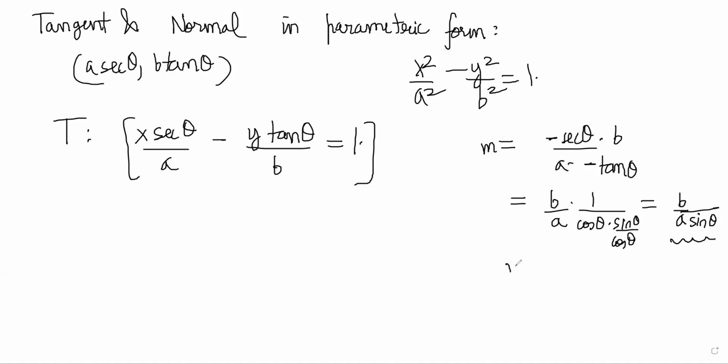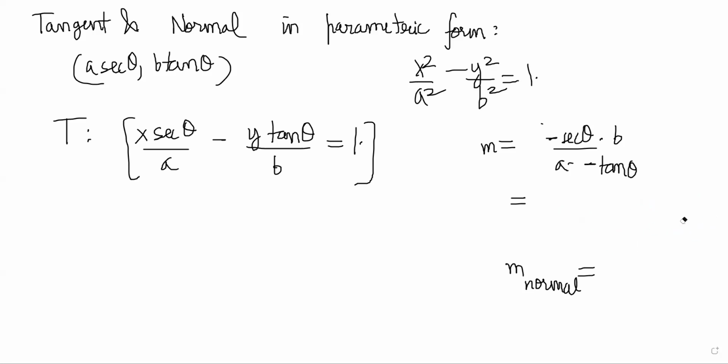So the slope of the normal would be... basically, we actually don't need to write it in sine and cos. It will be better if we keep writing it as sec and tan only. So here we can say the slope of the tangent is b by a times sec theta by tan theta. So the slope of the normal would be minus of a by b tan theta by sec theta.